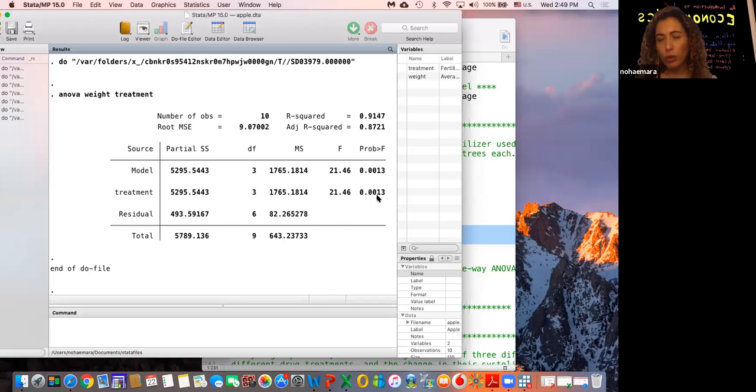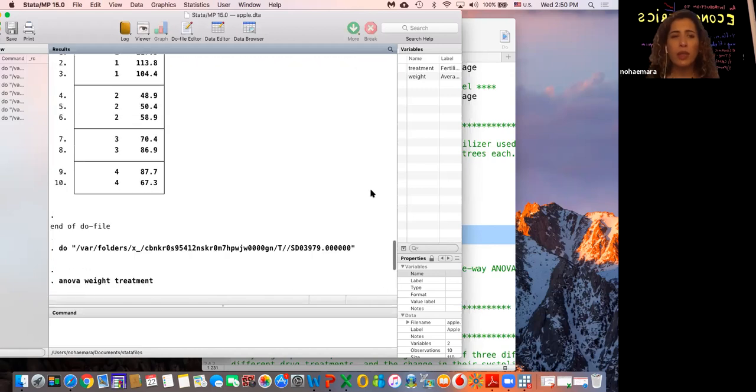Your conclusion would be, you're rejecting the null because there is a very small probability, and you're accepting the alternative. Your conclusion would be there is a statistically significant difference in the weight of the apple trees using the 4 different treatments. So the 4 different treatments are not going to yield the same weight.